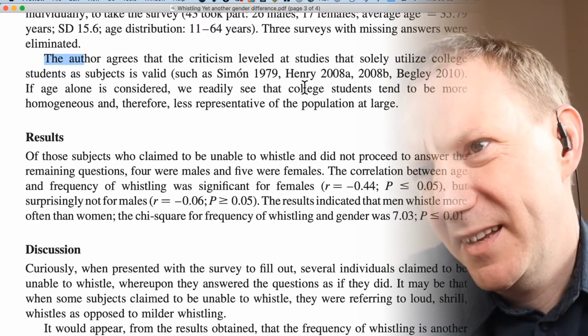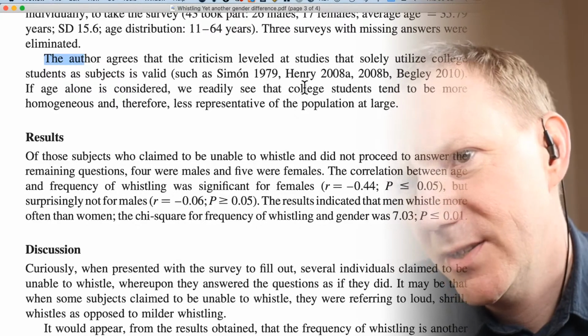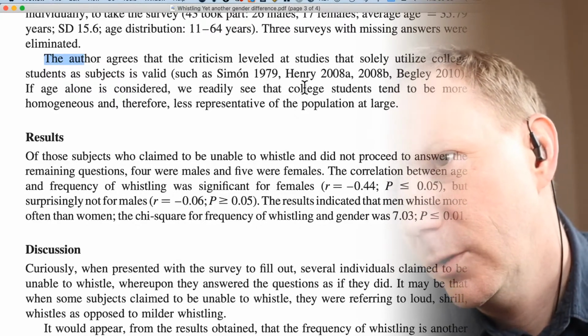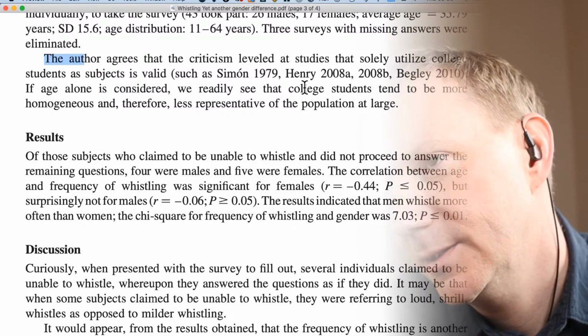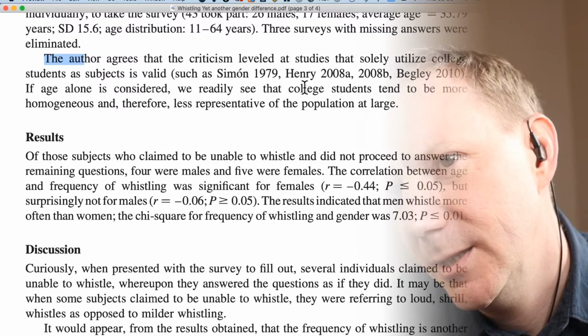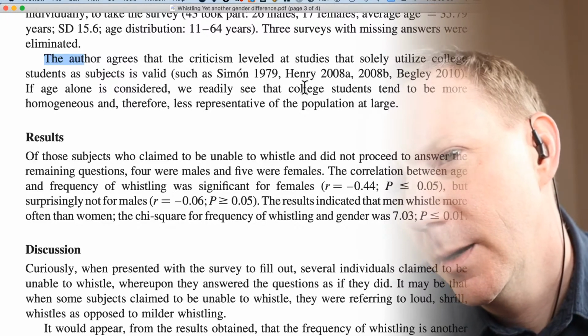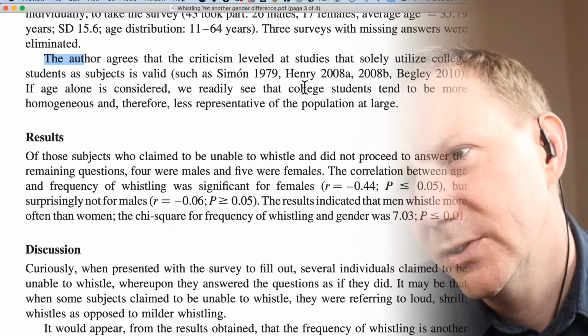Of those subjects that claimed to be unable to whistle and did not proceed to answer the remaining questions, 4 were males and 5 were females. Okay. The correlation between age and frequency of whistling was significant for females, but surprisingly not for males.